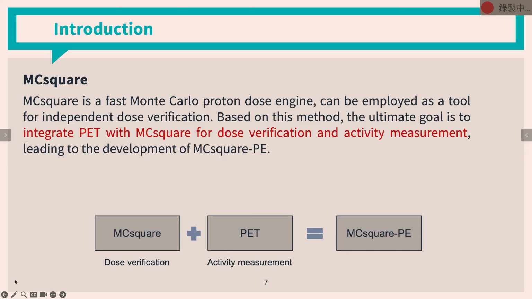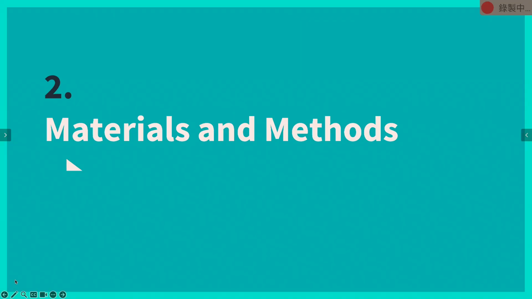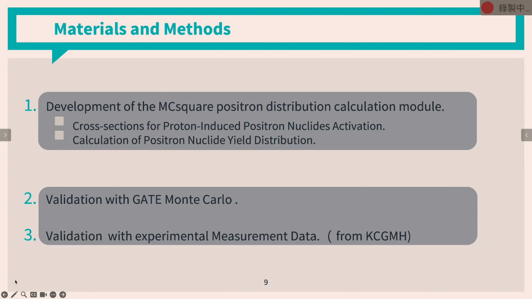The next part is my materials and methods. Overall, my methods have two parts. The first part is the development of the MC² positron distribution calculation model, including the data set for proton-induced positron nuclear activation and the calculation of the positron nuclear yield distribution.